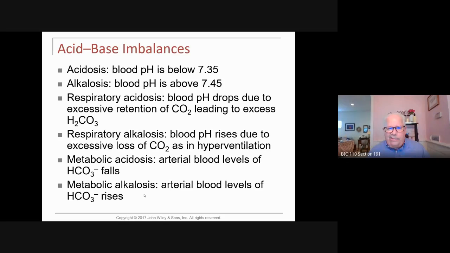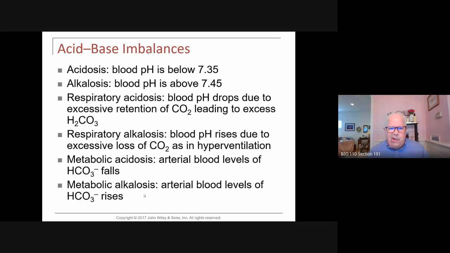For people that have diabetes, diabetes is a disease that lacks insulin. And when you lack insulin, your body will make glucose from fat. And when your body makes glucose from fat, it has byproducts. It makes glucose, but you also make fatty acids. And those fatty acids are known as keto acids.